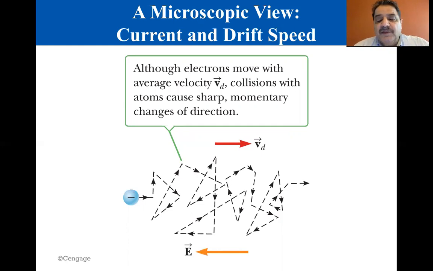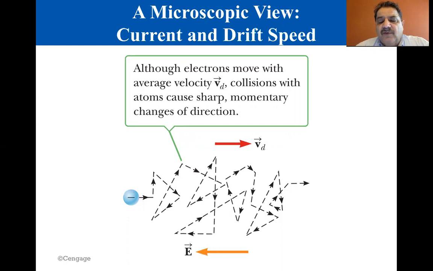When a potential difference is applied between the ends of the conductor with a battery, for example, an electric field is set up in the conductor, which creates an electric force on the electrons, and current is established. In reality, the electrons don't simply move in straight lines along the conductor. Instead, they undergo repeated collisions with the atoms of the metal, and the result is a complicated zigzag motion with only a small average drift speed along the wire, as illustrated in the figure.